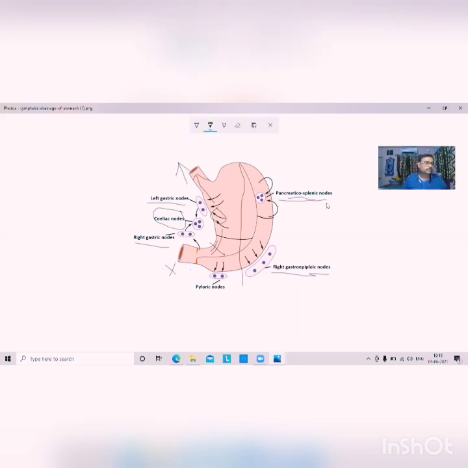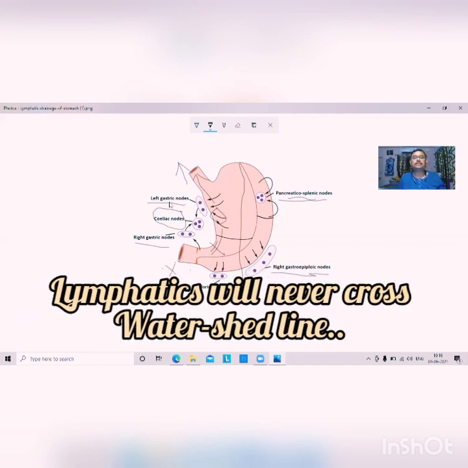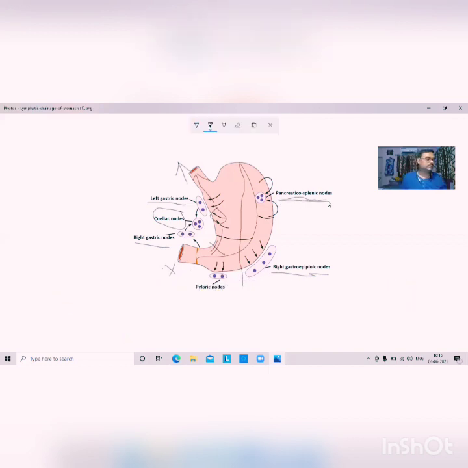So it will never be the opposite. This means the lymphatics from the greater curvature will not pass to the left gastric node. It has to be towards the pancreaticosplenic node.